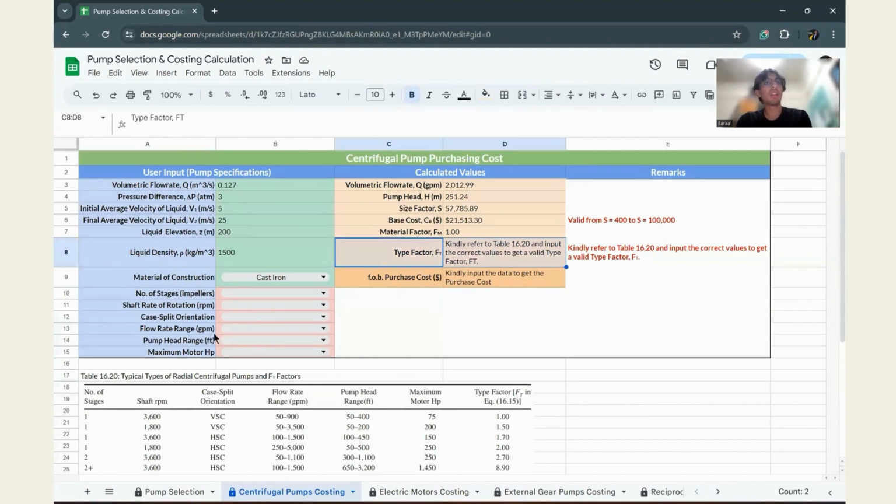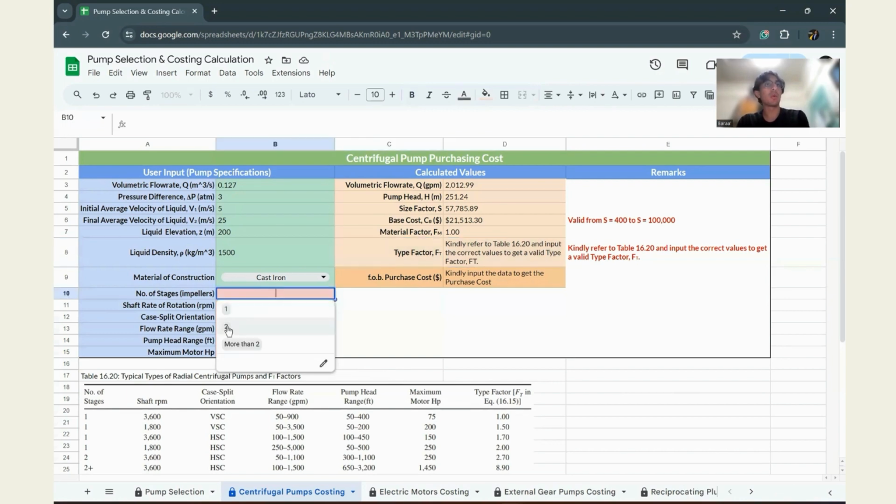Let's say I go with 2 impellers, or number of stages is the impellers. You need to follow the table basically. For the shaft rate, it will be 3,600, and then the case plate orientation will be horizontal split case, HSC.